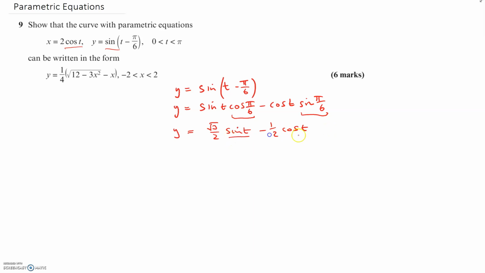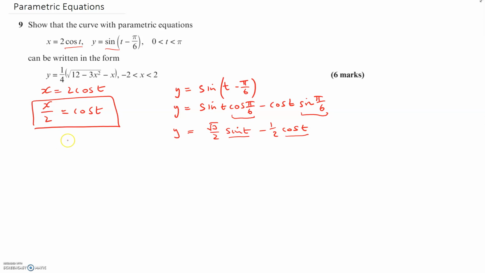It's still not Cartesian, it's still not in terms of x and y's, so I still need to find out an expression for sine t and cos t, and that's where I'm going to come back over to what x is. Now the first thing I could do, most obvious thing, is divide by 2, to give me cos t. Bam. Right, that can already go directly into the equation, but I need to find something for sine t now, and the way we do that is by using our favourite identity, sine squared plus cos squared is 1.